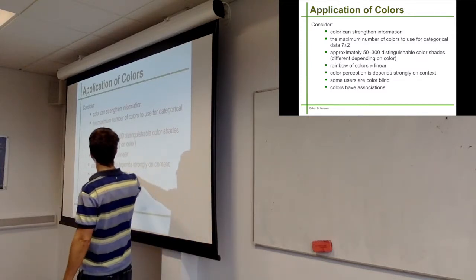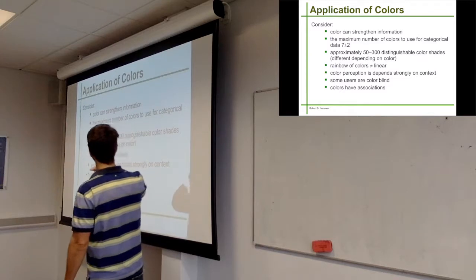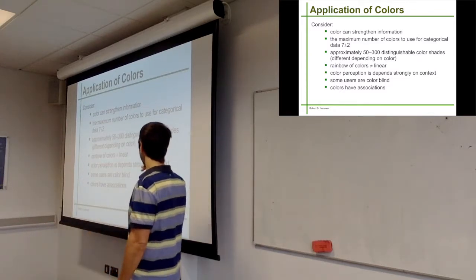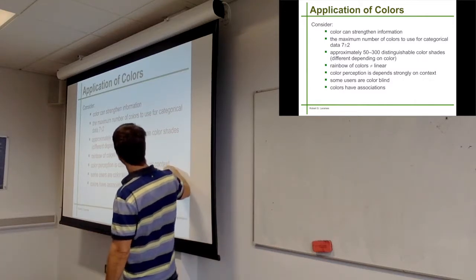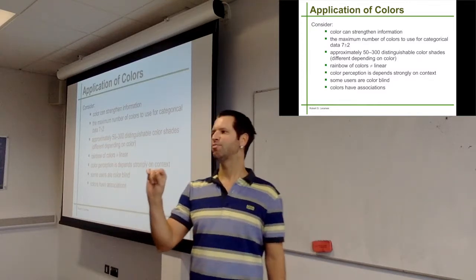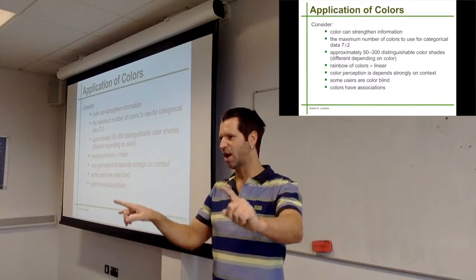Color perception depends strongly on context. We'll talk about this, the rainbow color map that comes up all the time. The color you perceive depends on the colors that surround it.